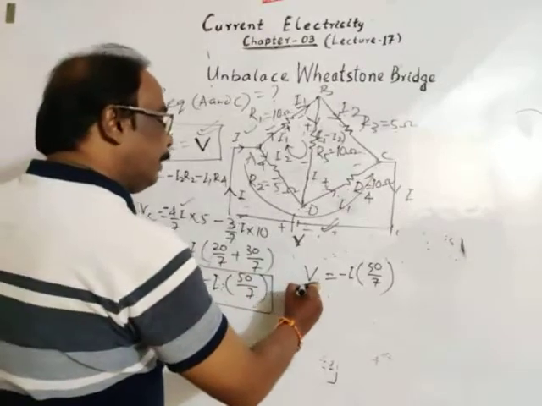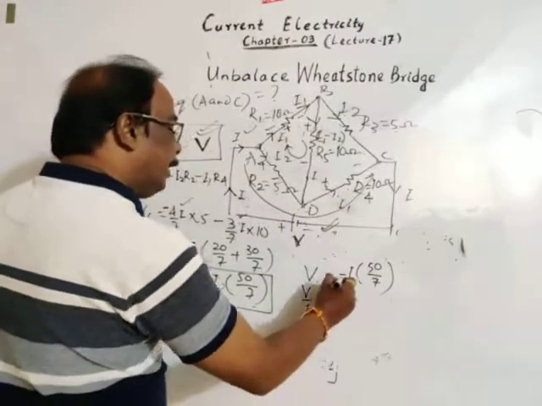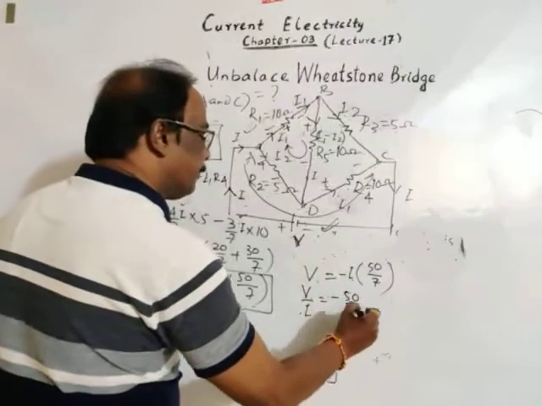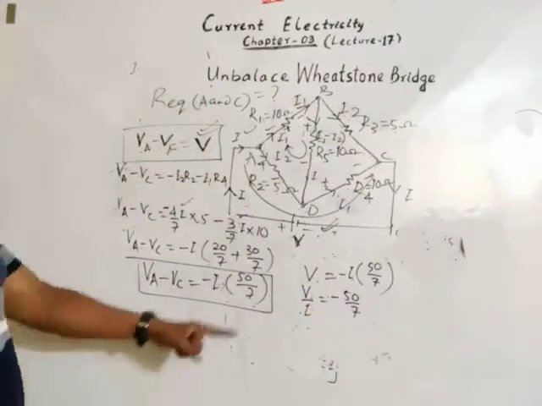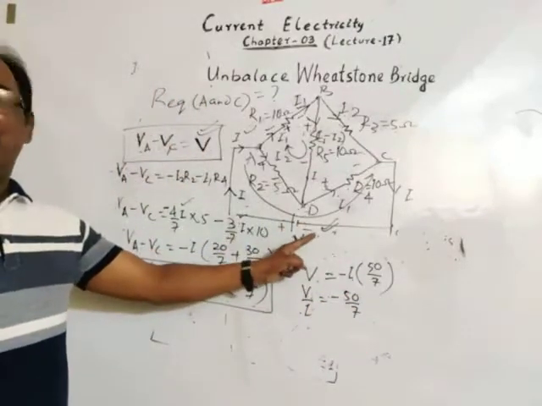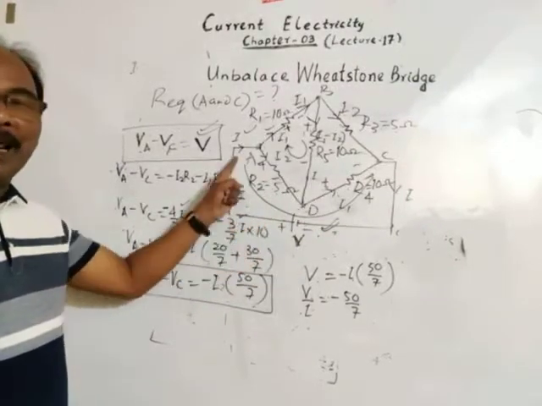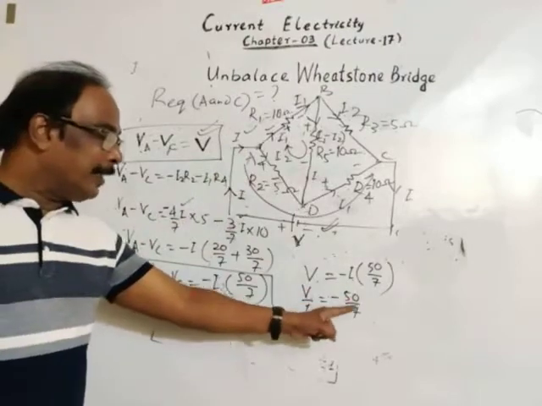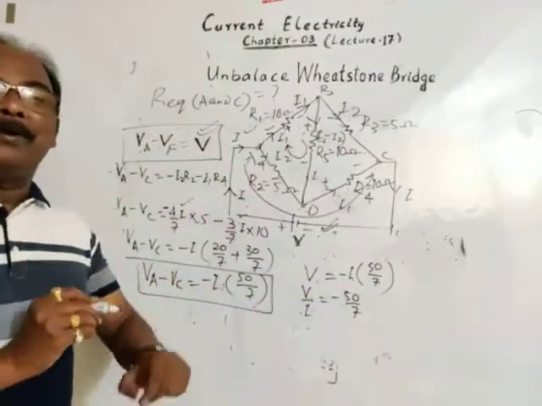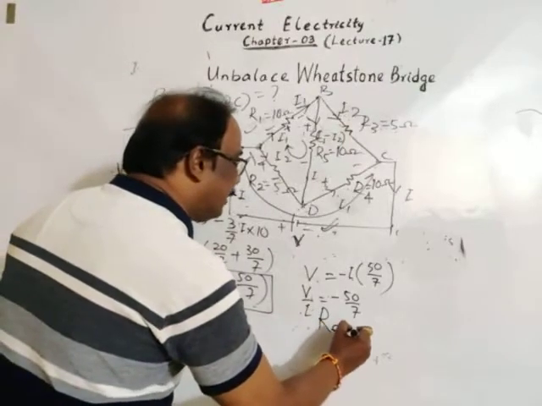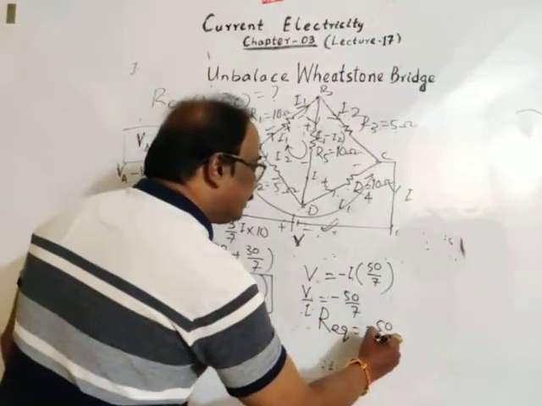Then V by I is equal to minus 50 by 7. See, V is total potential difference and I is total current. Then total potential difference divided by total current is total resistance or equivalent resistance, 50 by 7.